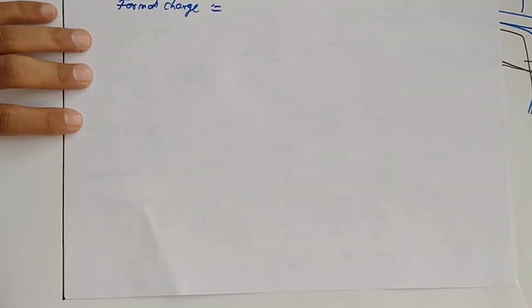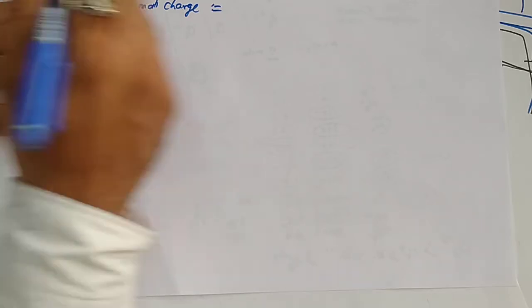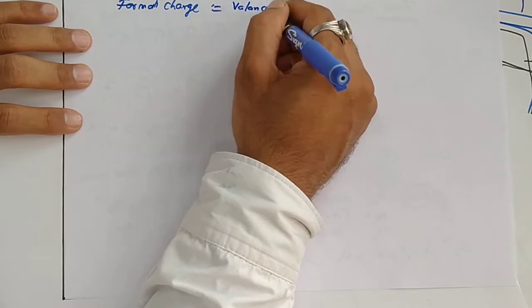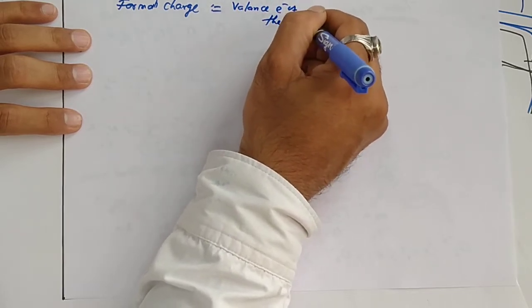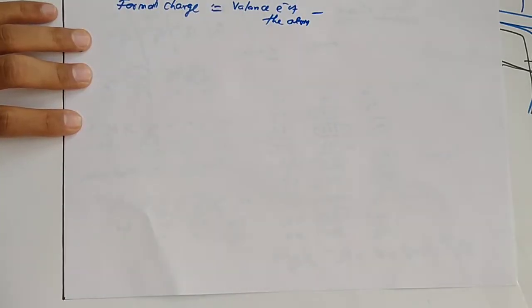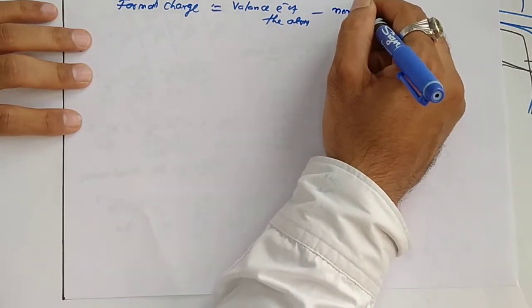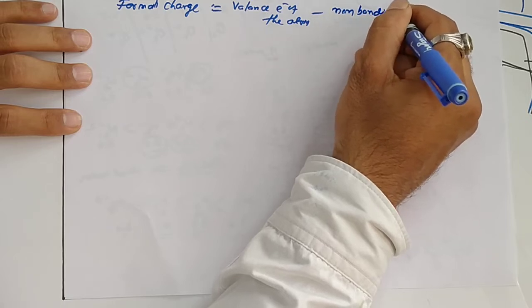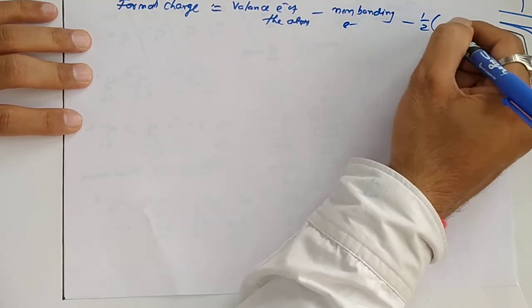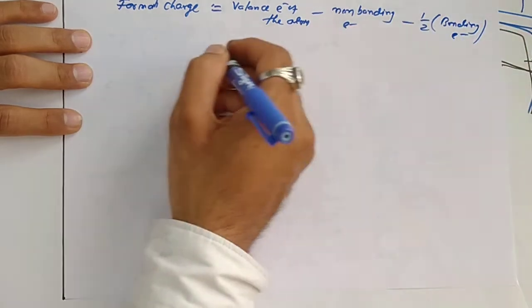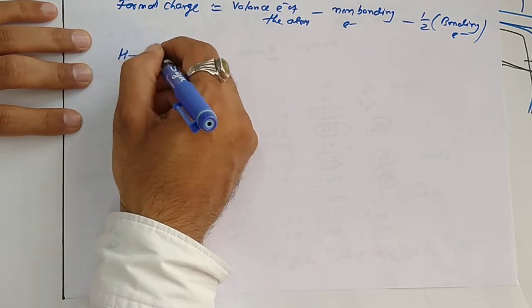Formal charge is equal to the valence electrons of the atom minus the non-bonding electrons minus 1/2 bonding electrons. I am giving the example.